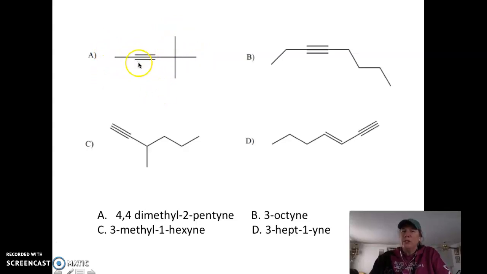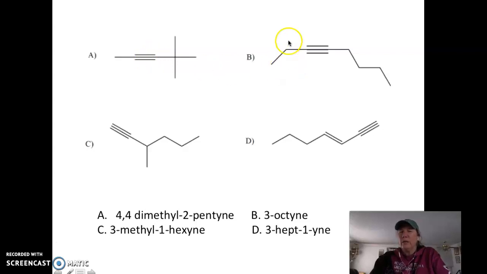You want your triple bond to be the lowest number, so 1, 2. And then these groups, well, on the fourth carbon I got 2 methyl groups, so that's why it's 4,4-dimethyl. That takes care of that. 2-pentyne, a chain of 5 with the triple bond on the second carbon.